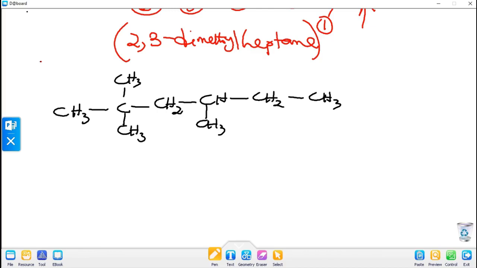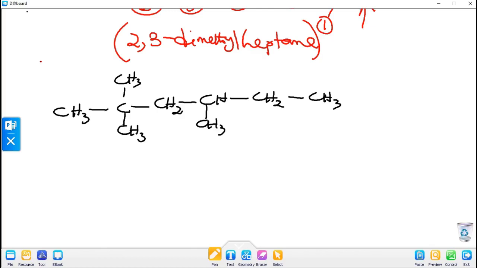First, we check for the longest continuous chain, and that would be our parent chain. So, what is the longest continuous chain in this hydrocarbon chain? Looking at it critically, different students will take their counting differently, and as such, they will have different lengths as their parent chains.